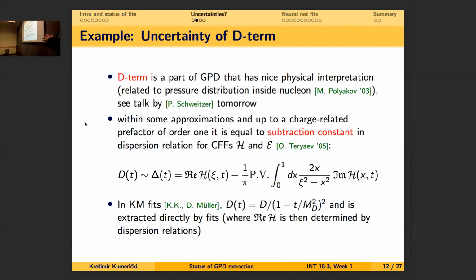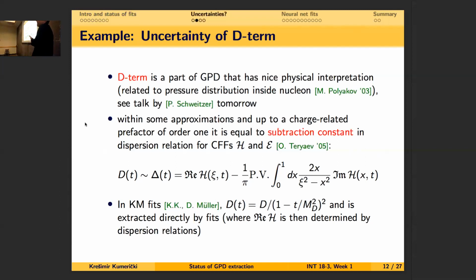itself. Not only because the D term was discovered by our convener and Max Polyakov together, but also because it is a really interesting object, because it has a nice physical interpretation, which has now come into focus again. We sometimes use the G-sum rule and tomography to explain the physical content of our studies to people outside of our field.